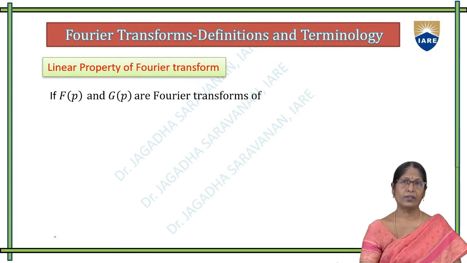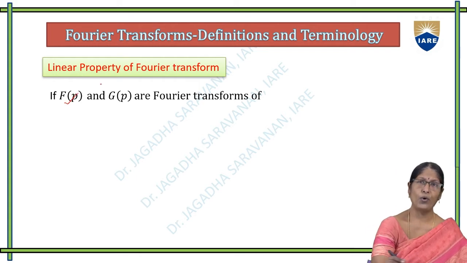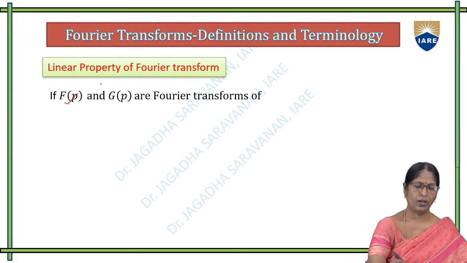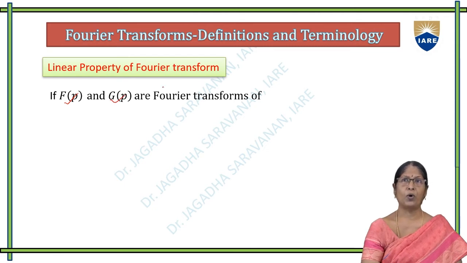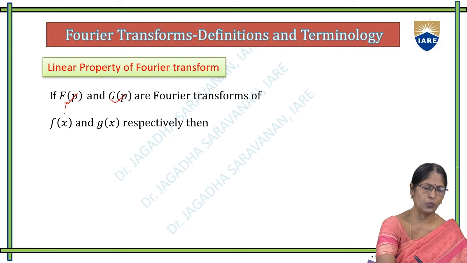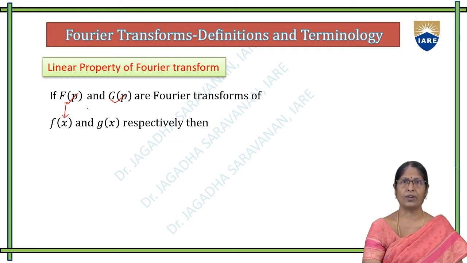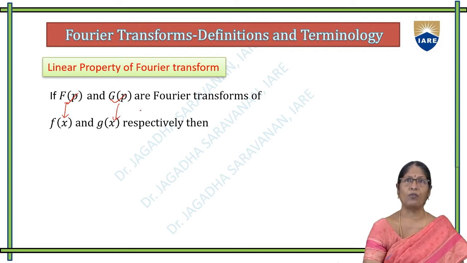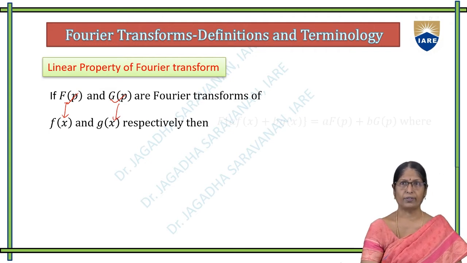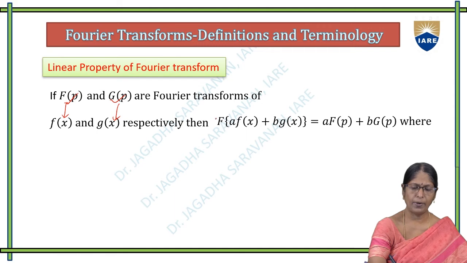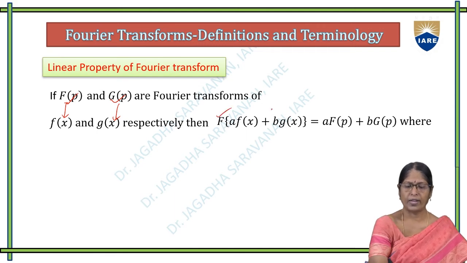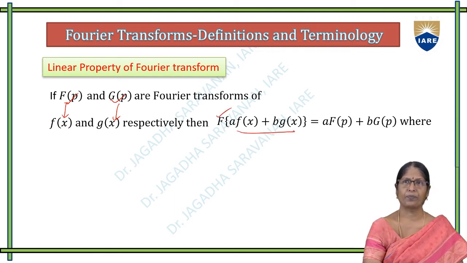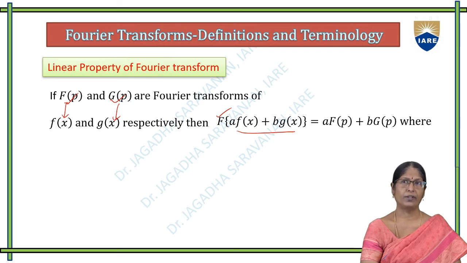So we can see it here. Capital F and capital G are two Fourier transforms. The first one is connected to the function f of x, and the second one is connected to our function g of x. Then how will we read the Fourier transform of the complete function?